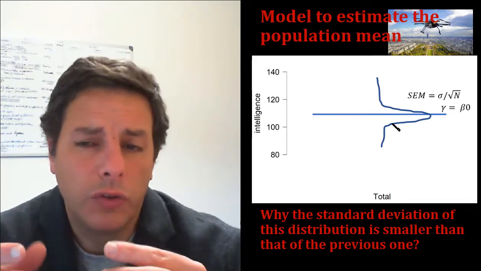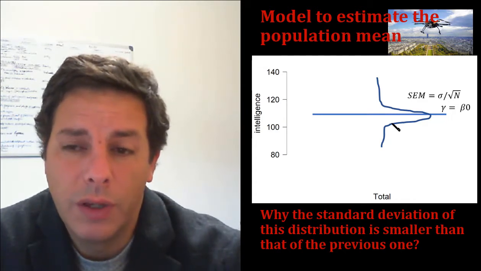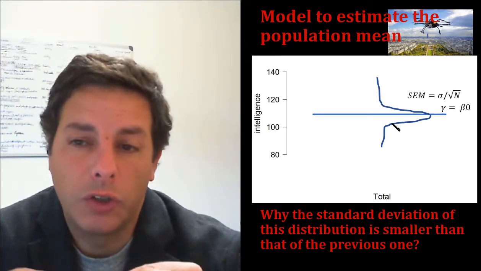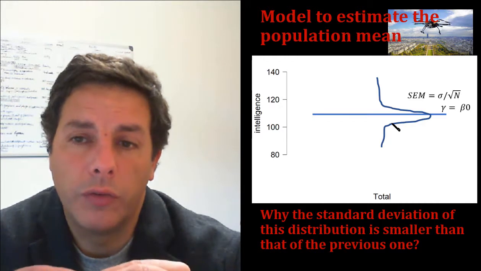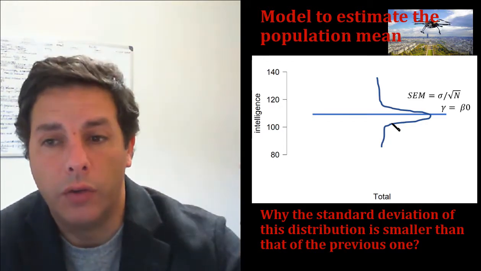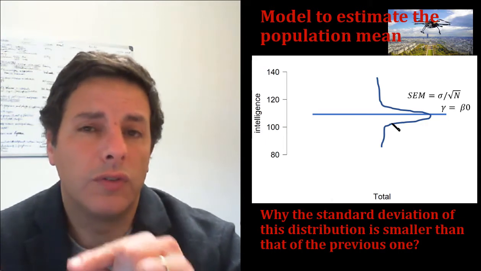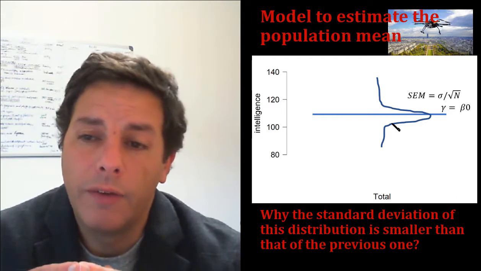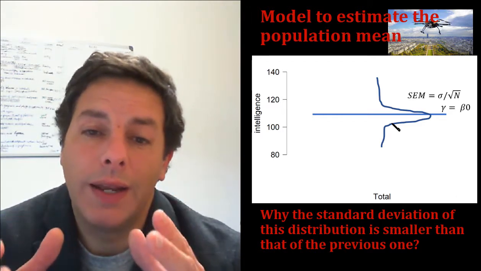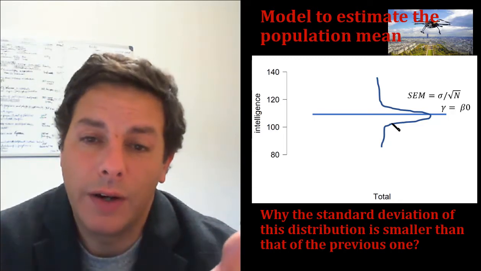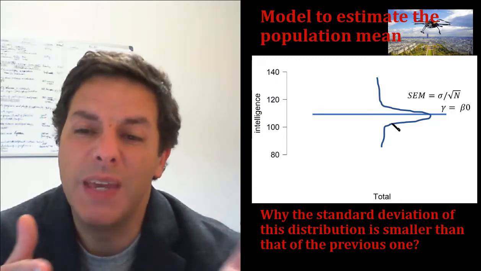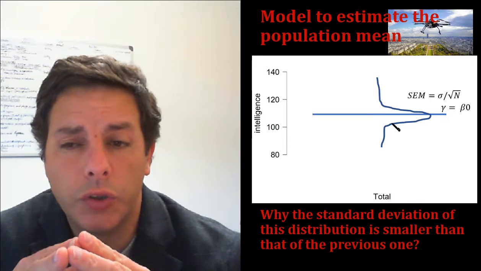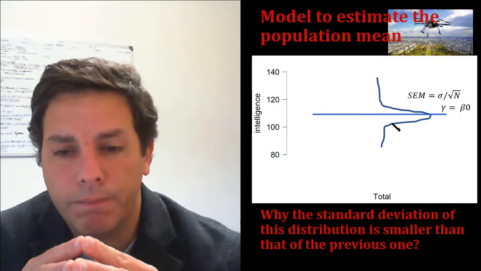And because this distribution is made out of means of samples, the values of those means are much closer to the mean of the population than individual values. So this distribution is what is called a sampling distribution, because it's a distribution created by obtaining samples. And so the values here are not raw values, the values here are means. So that's why the standard deviation of that distribution is narrower.